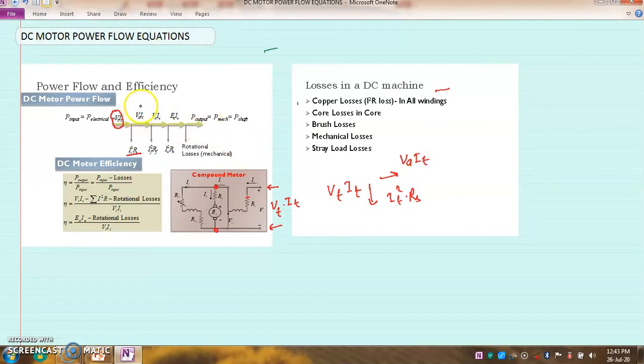From here some current goes to the shunt field, so there will also be some loss, and that loss is separated. The loss taken out is IF square into RF.